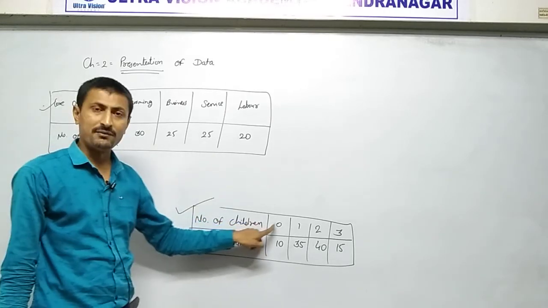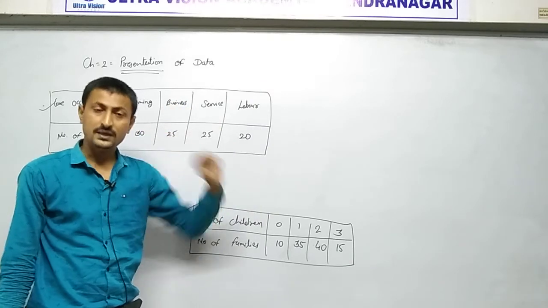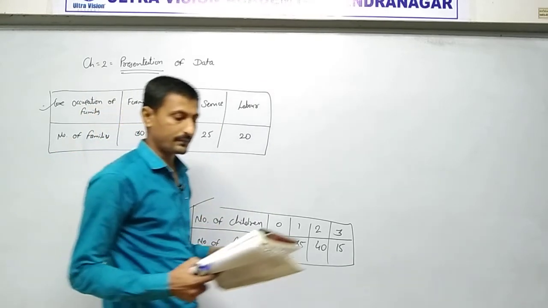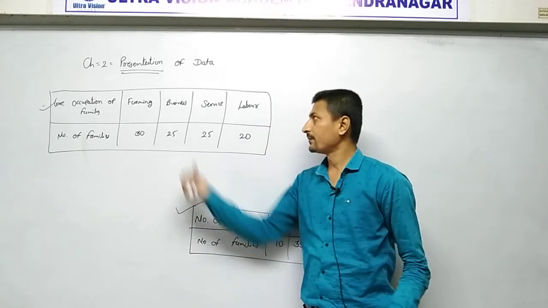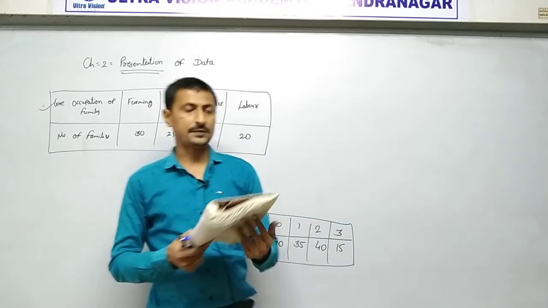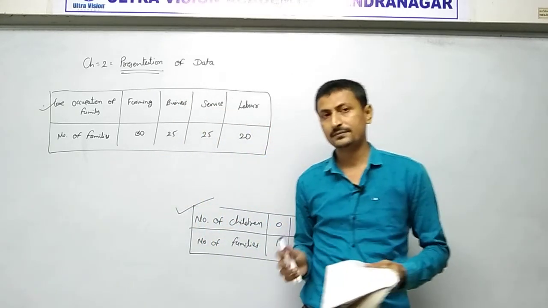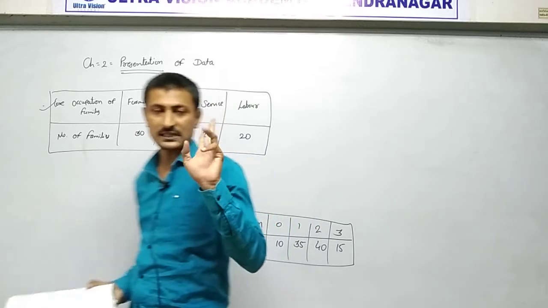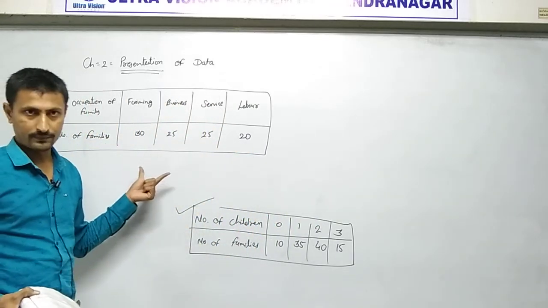And here the number of children is a countable value: 0, 1, 2, 3, 4, whatever. This is called quantitative. So mainly there are two types of classification, qualitative and quantitative.